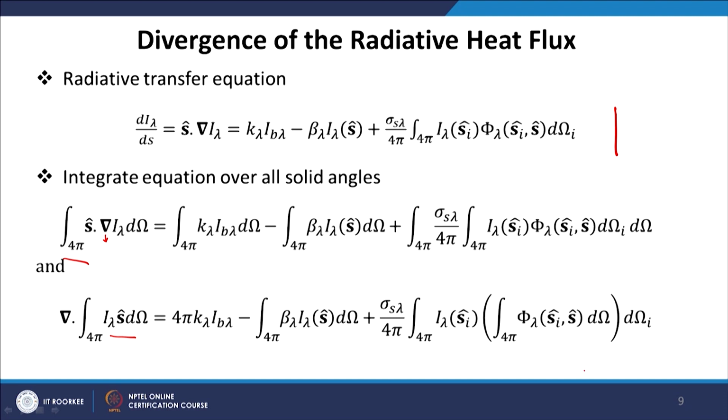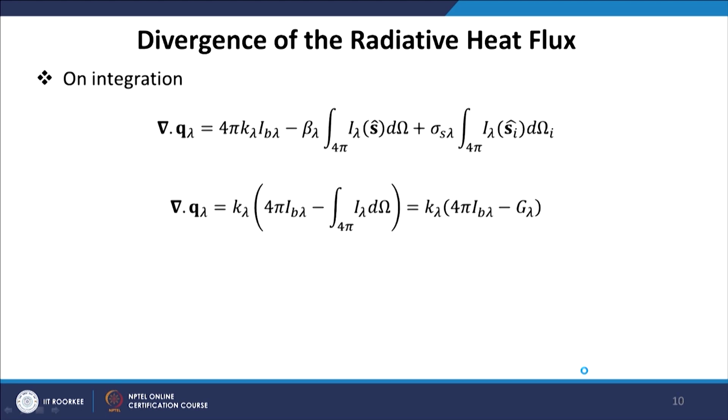So, without going into much of the mathematical manipulation, here we will introduce one quantity which we call incident radiation G. Incident radiation G is defined as basically the intensity coming from a certain direction integrated over omega. So, this G is different from flux, and the flux is always measured normal to a surface.